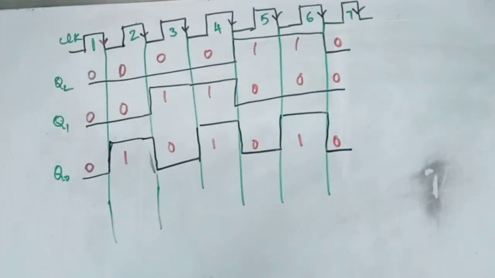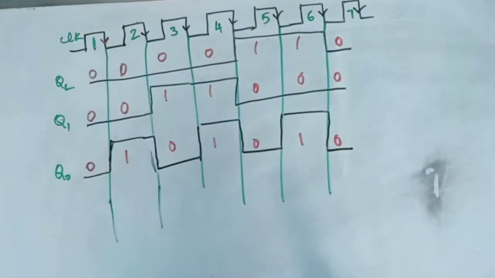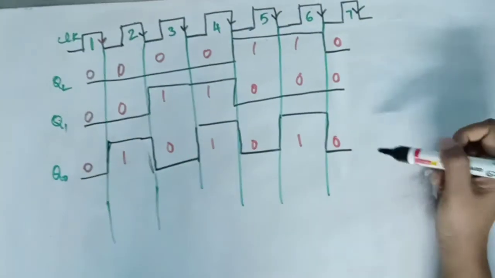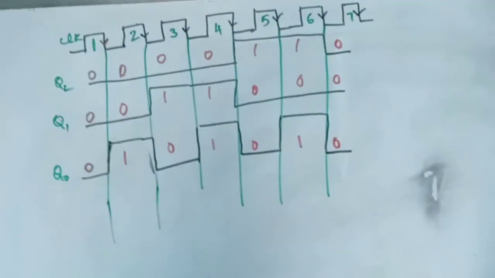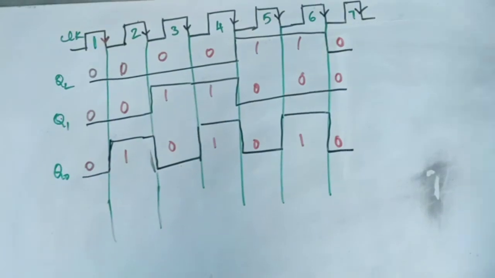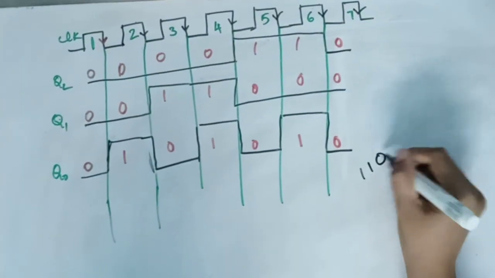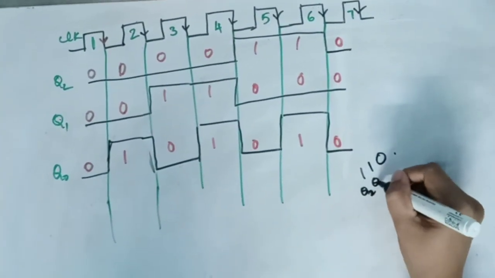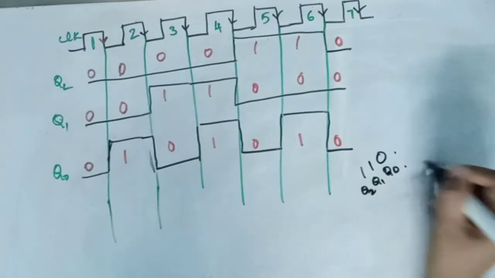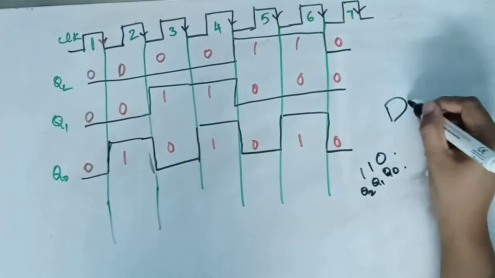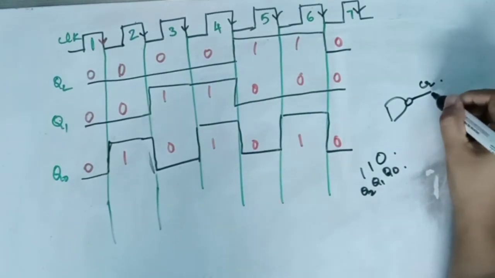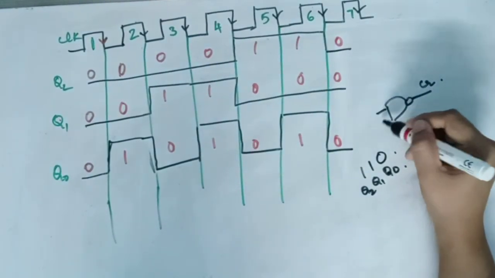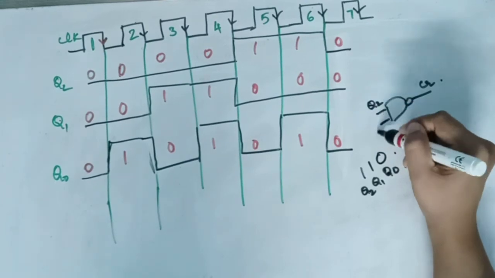In the case of an asynchronous counter, how did we do a mode n counter? If you used a mode 6 counter, 0 to 5 it will count, and 6, that is Q2, Q1, Q0. You'll connect a NAND gate. This will be given to the clear of all the flip-flops, and this you'll connect to Q2 and Q1.